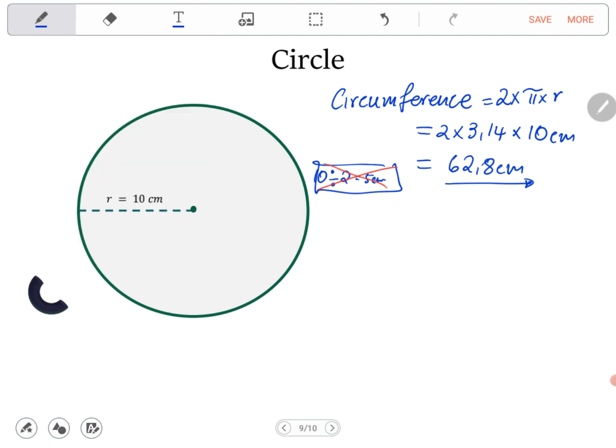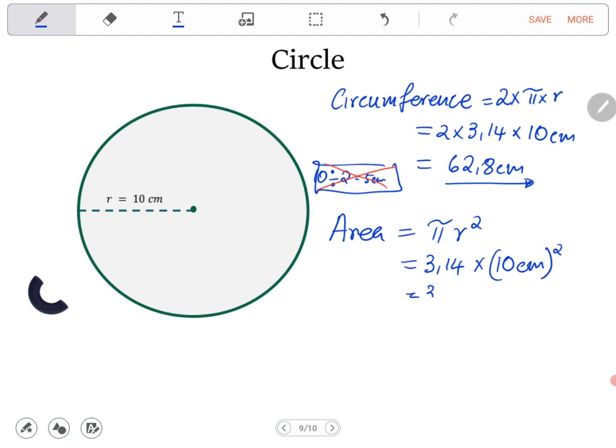Okay, next we look at the area of the circle. Again, we have the formula pi r squared, where pi is 3,14 multiplied by the radius of 10 centimeters, and we square it.